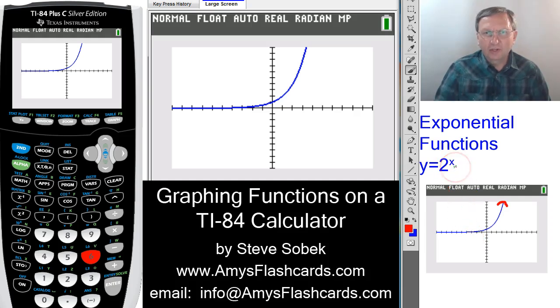We put in negative 100. It's going to be 1 over 2 raised to the 100th power. That's going to be a very, very small number, but it's still a positive number. And 1 over a positive number is going to be positive. We're always above the x-axis.